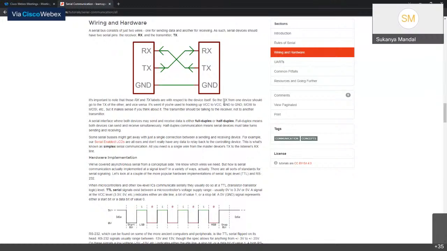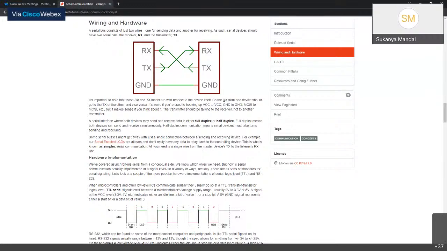A serial interface is one where both devices may send and receive either full duplex or half duplex data. When we say full duplex, it means that both devices can send and receive simultaneously. When we are talking about half duplex, it means that a serial device must take turns in sending and receiving.